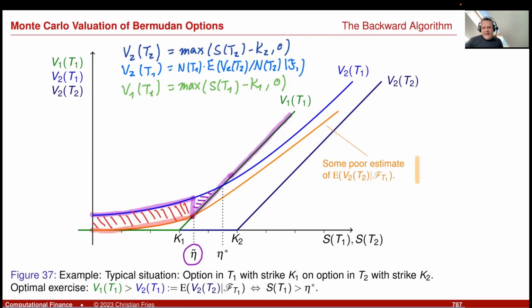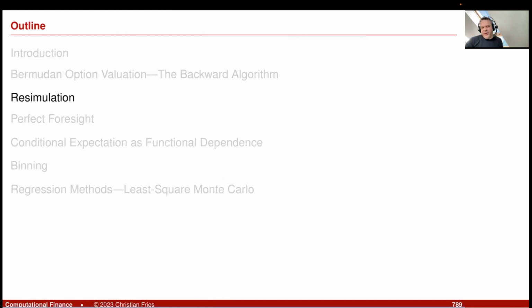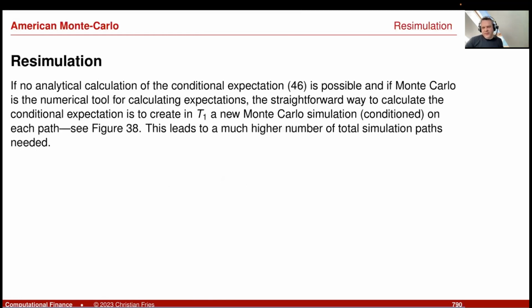And we saw that everything boils down now to calculating the conditional expectation in a Monte Carlo simulation. And we also had two methods to do this. Actually, the methods did not work. So the first one was resimulation.